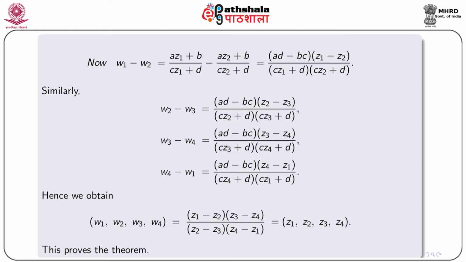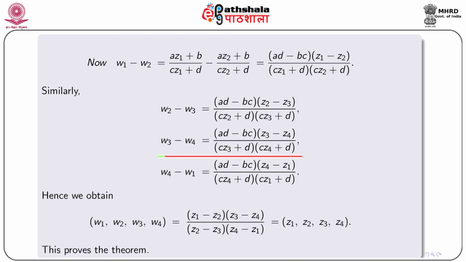Now W1 minus W2 equals (AZ1 plus B) by (CZ1 plus D) minus (AZ2 plus B) by (CZ2 plus D), and simplifying we get (AD minus BC) into (Z1 minus Z2) by (CZ1 plus D) into (CZ2 plus D). Similarly, W2 minus W3 equals (AD minus BC) into (Z2 minus Z3) by (CZ2 plus D) into (CZ3 plus D).